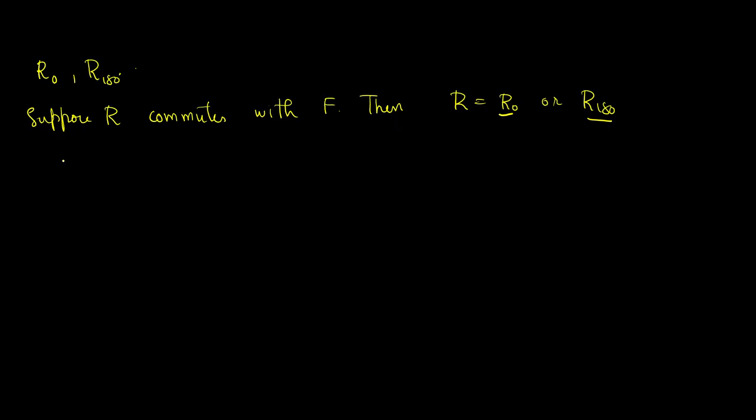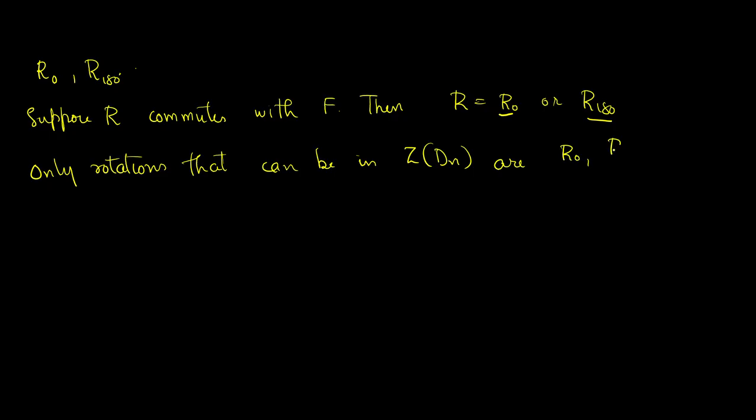So the candidates for elements in the center from rotations, the only rotations that can be in the center, are R0 and R180 degrees. Possibly. Here R180 may not exist always, but whenever it exists, it can be there in Z of Dn. So we have talked about the contributions from the rotations.